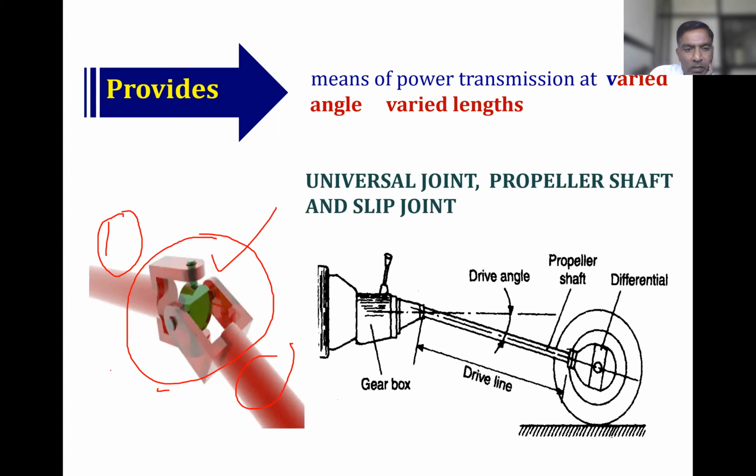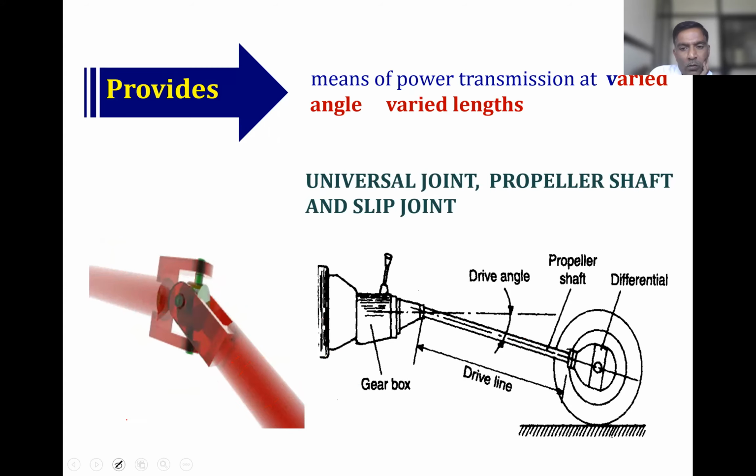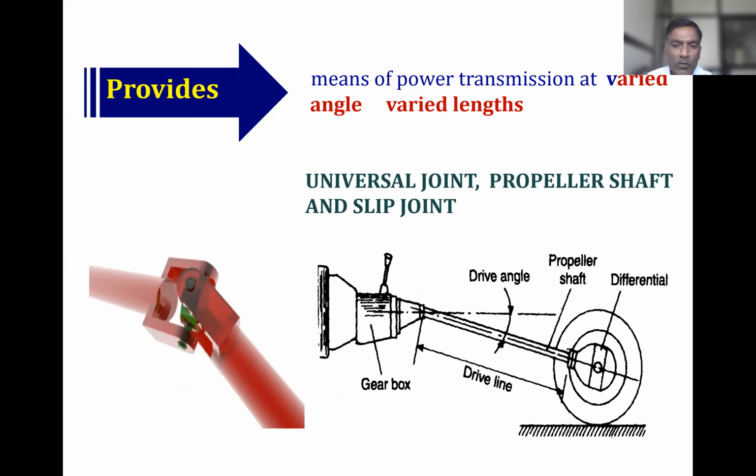Now you should see here this angle is about 30 degree. This is called as a drive angle. So for universal joint, this angle is allowed up to 30 degree. More than that, if angle is going to be increased, in that case, constant velocity joints are used.